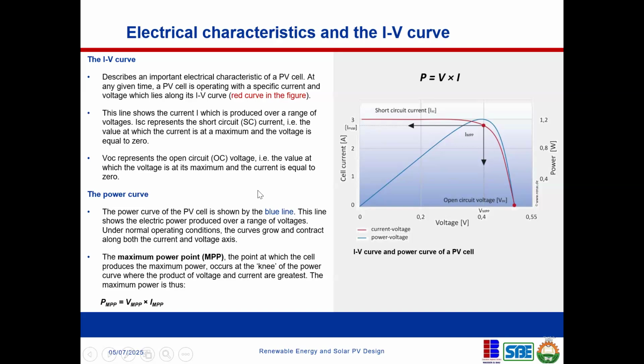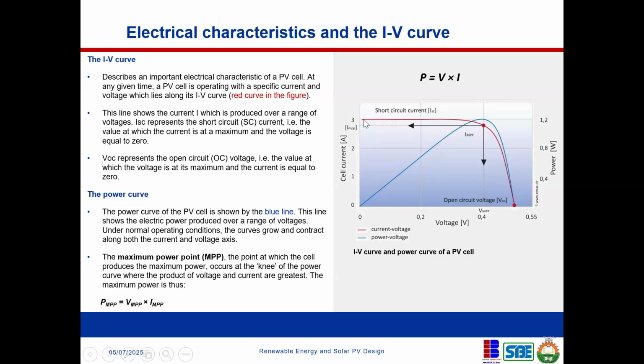This is where the concept of MPP is derived. MPP is the point at which the cell produces the maximum power. This occurs at the knee of the power curve where the product of voltage and current is greatest, and that is the maximum power.